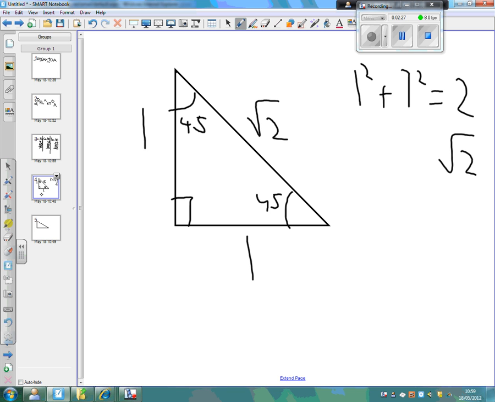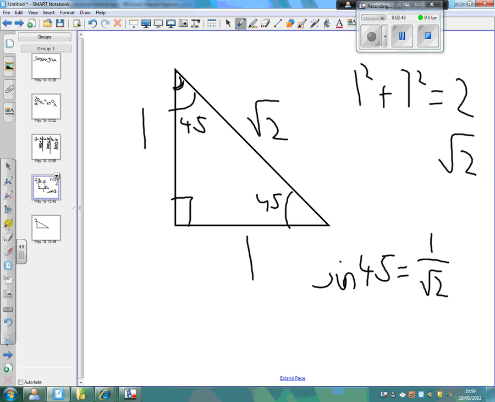So sine 45 equals opposite over hypotenuse. So if this is the angle that we want, then opposite is obviously the 1, and hypotenuse is square root 2. So sine 45 is 1 over square root 2.